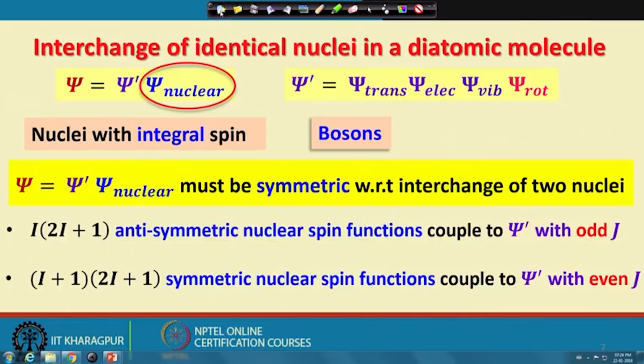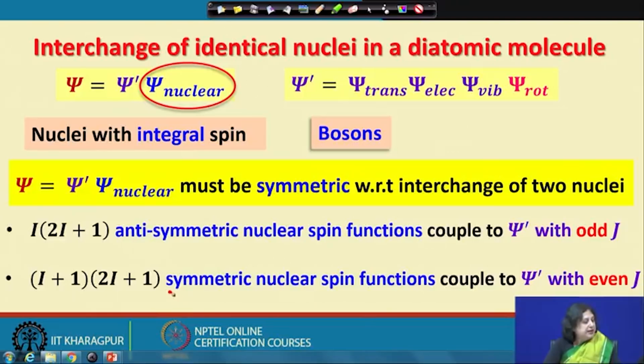There is another case, of course, as I have already mentioned, that if it so happens that my nuclear spin function psi nuclear is symmetric in nature, then it must couple to psi prime under the condition that psi prime is also symmetric. When can this happen? This happens when I have the psi prime wave functions corresponding to even values of the rotational quantum number j.